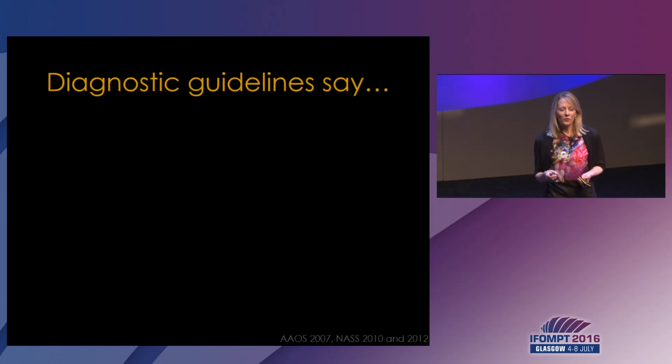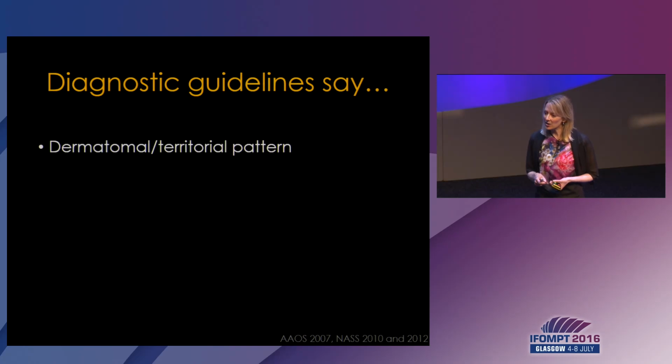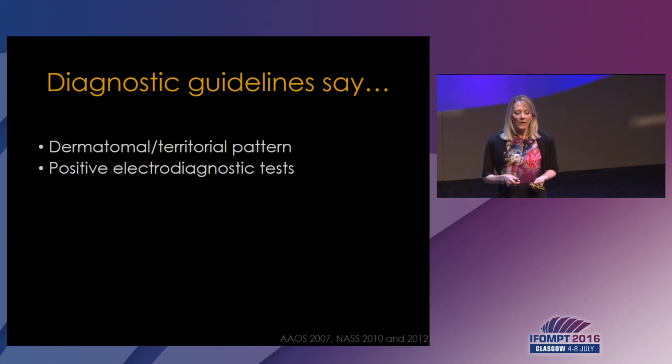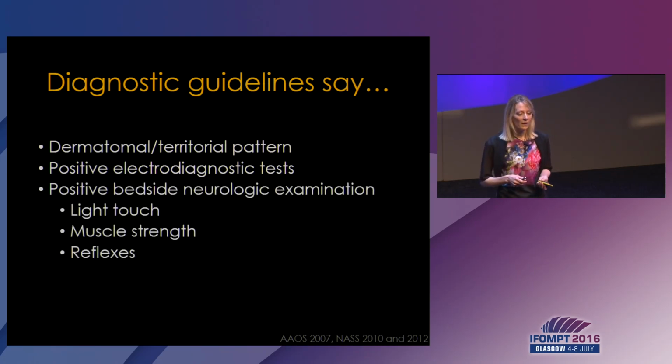Now, when I went to school, it was pretty clear that it is quite simple to diagnose patients with entrapment neuropathies. And indeed, if you follow the diagnostic guidelines today for both, for example, carpal tunnel syndrome and radiculopathies, the guidelines say that patients should have a dermatomal or a territorial pattern of symptoms. They should have positive electrodiagnostic tests if these are available, meaning that the nerve conduction velocity is slowed.